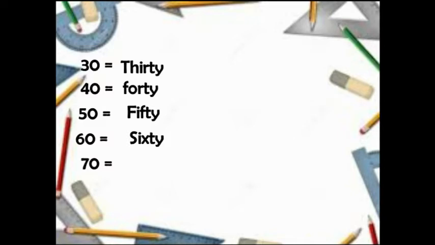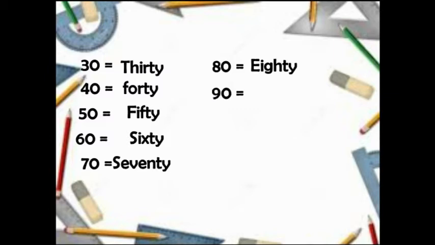Next, the spelling of number 70 is seventy. Next, we have number 80. We have the eighty. Next one, 90. Ninety.